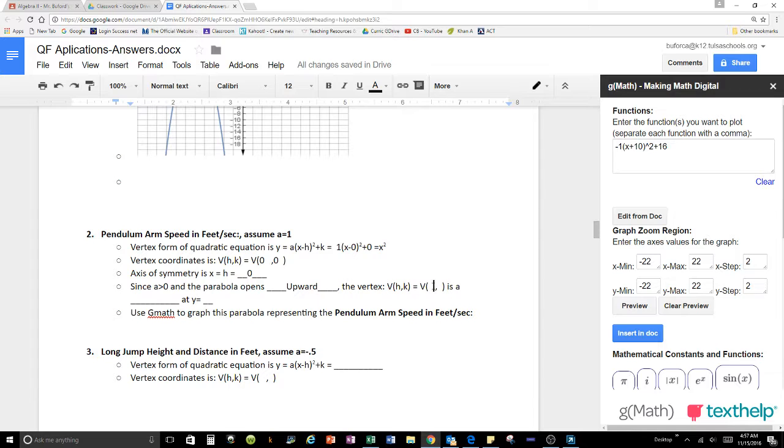And the vertex is at 0, 0. And it is a minimum at y equals 0. And we can see that, right?